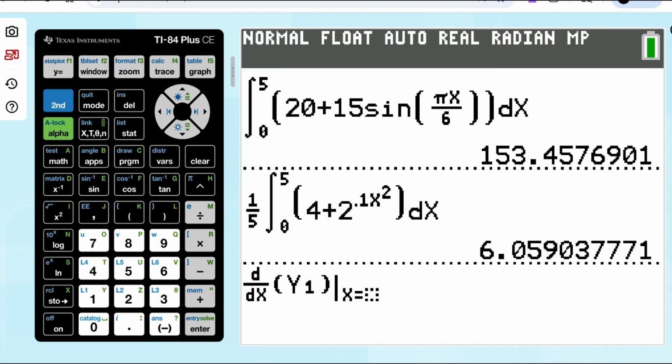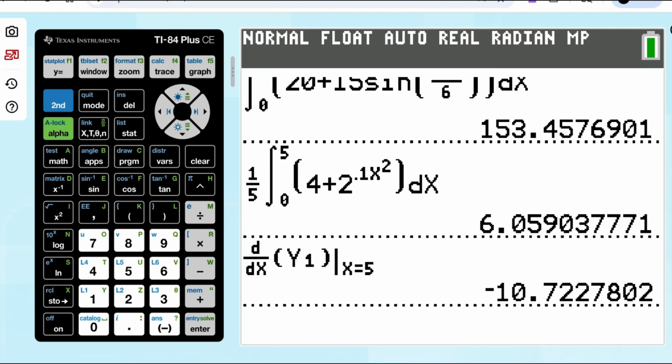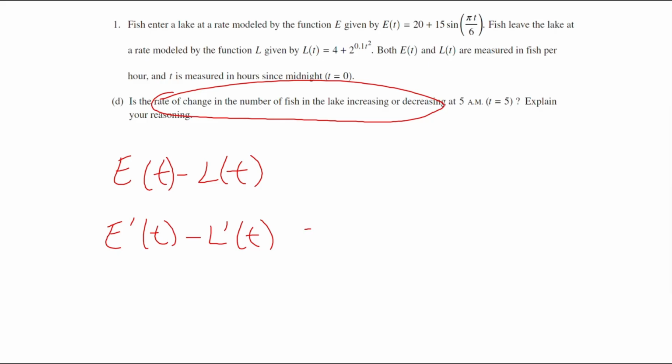That's E minus L, and we want to know its derivative at 5. Well, if we do that, we get negative 10.728. And you don't have to show the work for that, just show the work that you found E prime of t minus L prime of t at t equals 5.